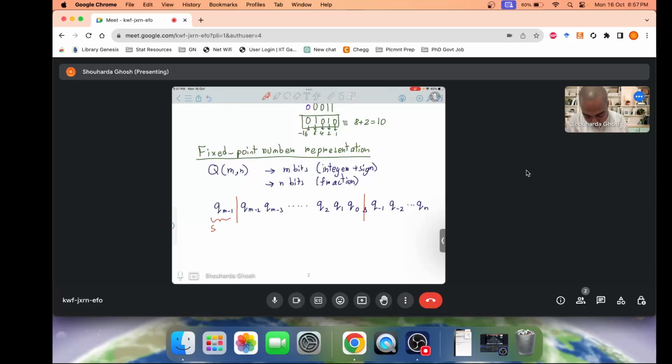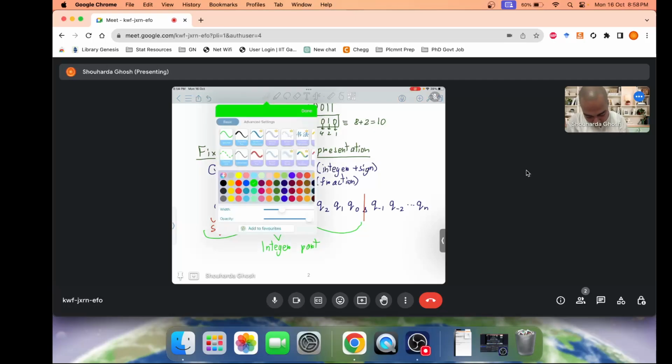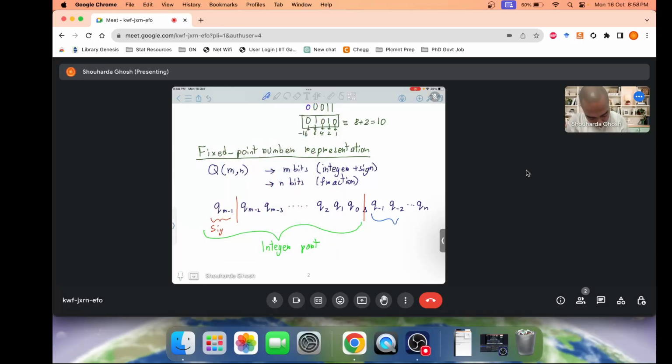This is my sign bit, this is my integer. Actually this entire thing is my integer part, and this is my fractional part.